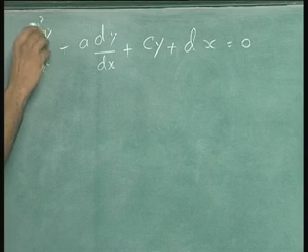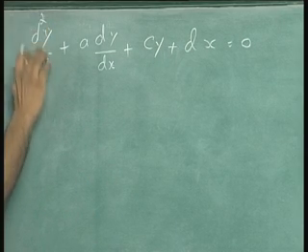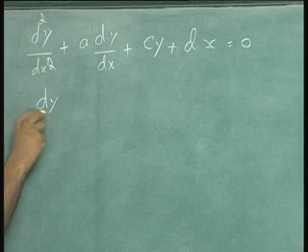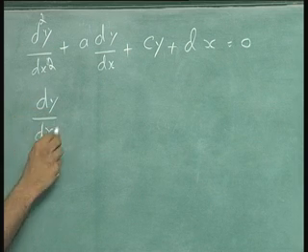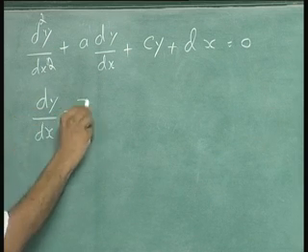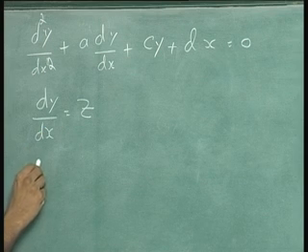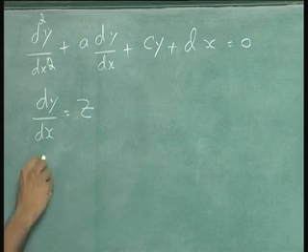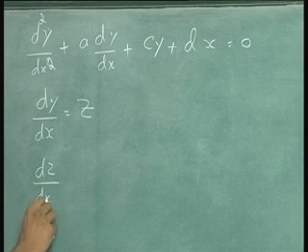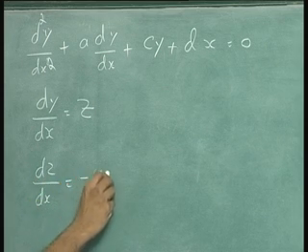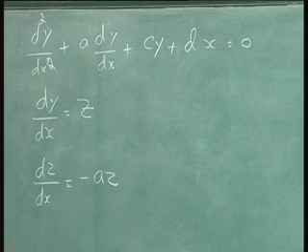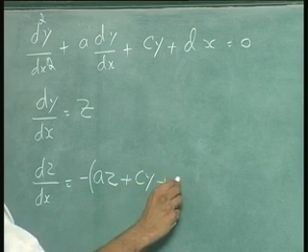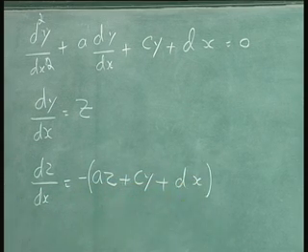So we will write this as: we are going to write dy by dx, that is y prime, as z, and dz by dx is equal to minus of az plus cy plus d into x.